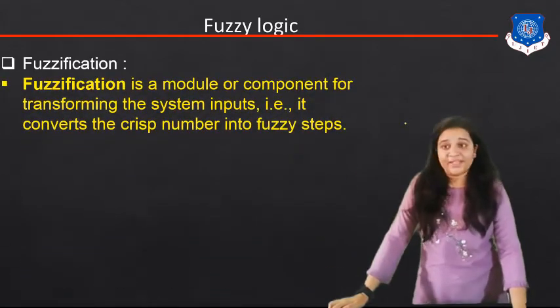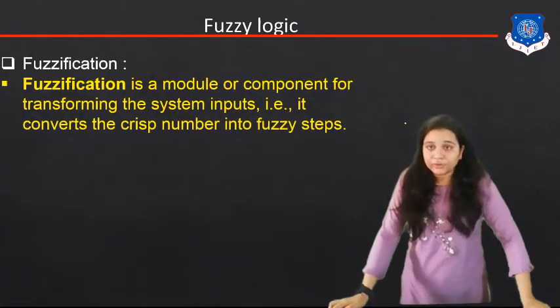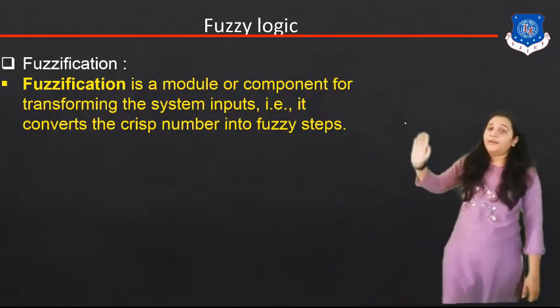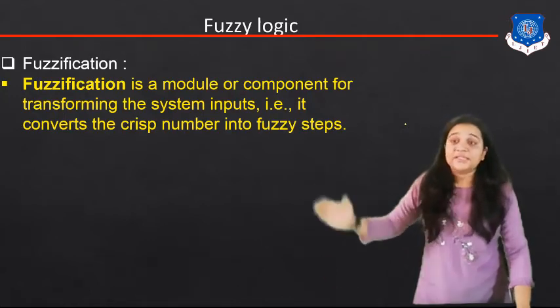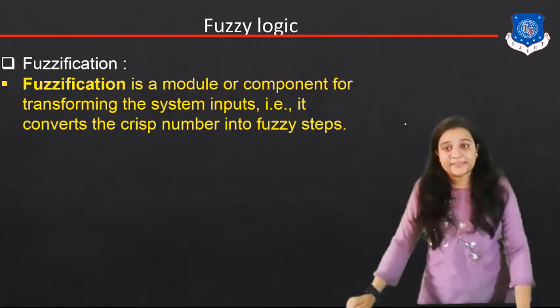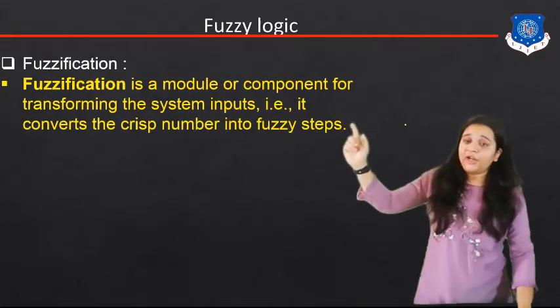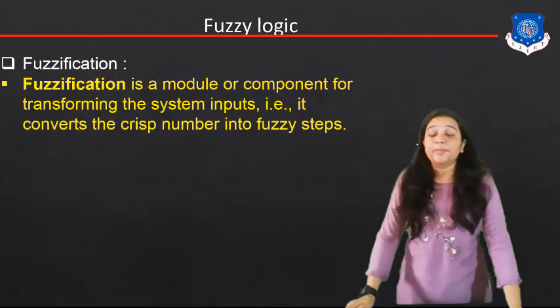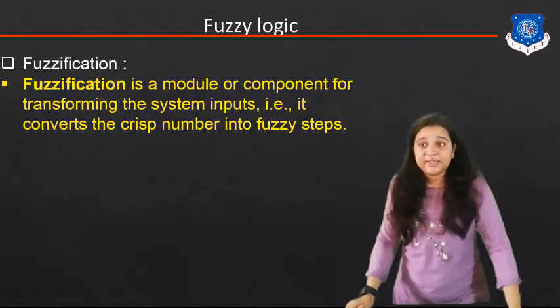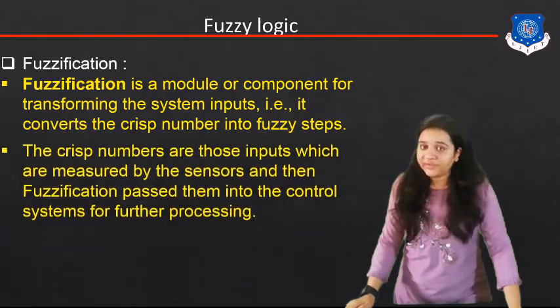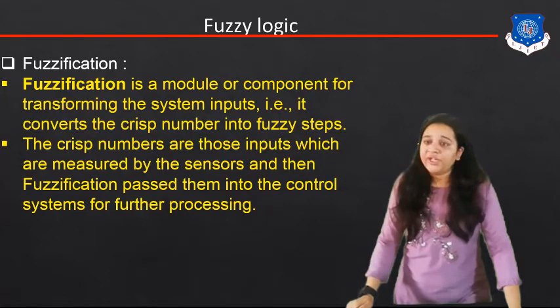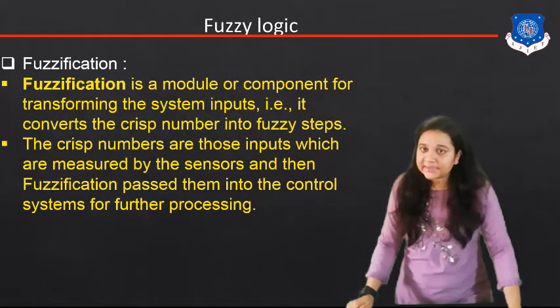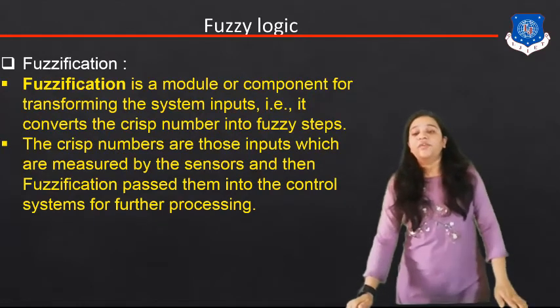Now what is the fuzzification? Fuzzification is the module or component for transforming the system inputs. That means it converts the crisp number into a fuzzy set, because as you remember in the fuzzy logic diagram, we applied the crisp input. These crisp numbers are those inputs which are measured by the sensors, and then fuzzification passes them into the control system for further processing.